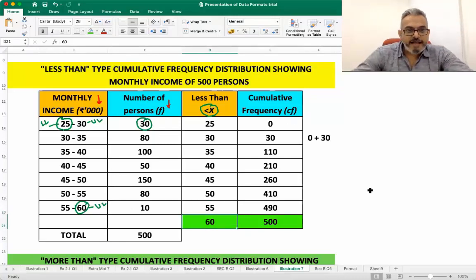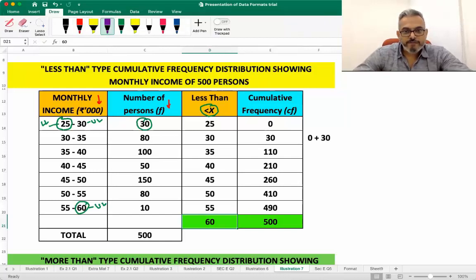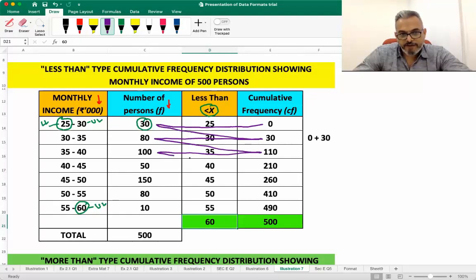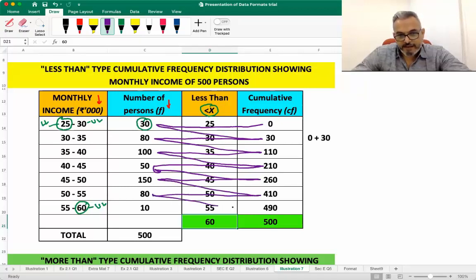So how did this come? I'll just draw the lines to make you understand. 0 plus 30 is 30. 30 plus 80 is 110. 110 plus 100 is 210. Plus 50 is 260. Plus 150 is 410. Plus 80 is 490. And plus 10 is 500.